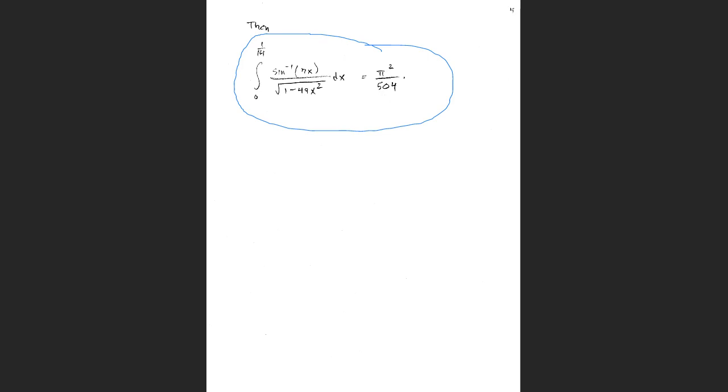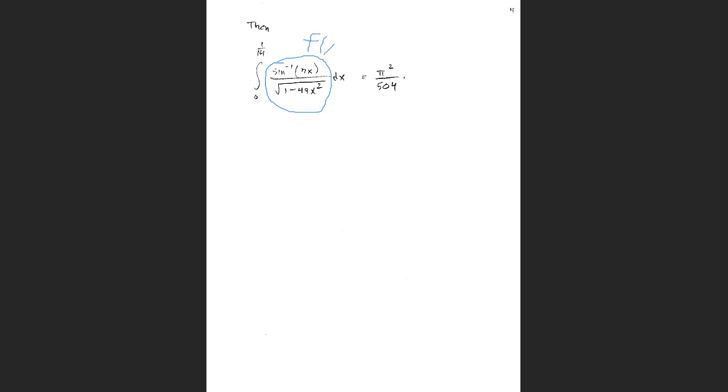Oh, Nathan, there's no constant because this is a definite integral. You have upper and lower limits. What you're doing is finding the area underneath the curve, underneath this function f of x.